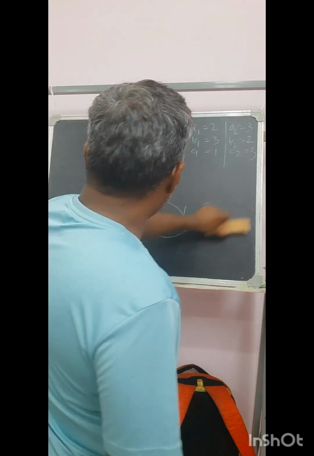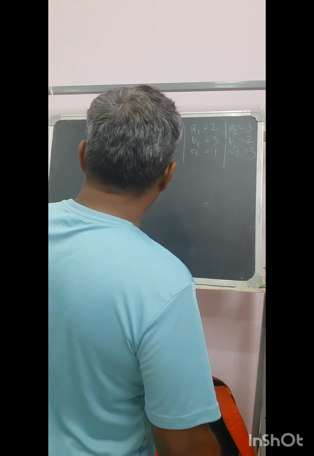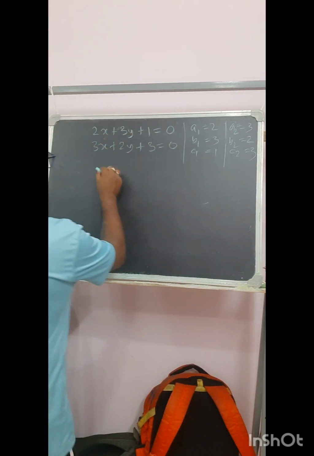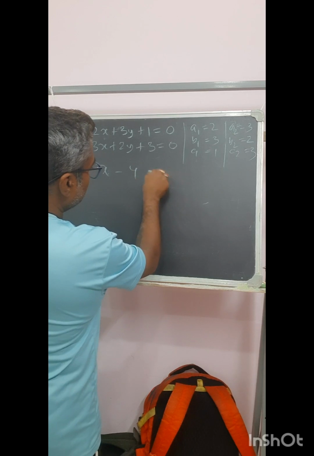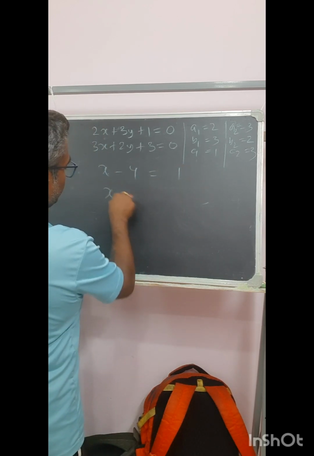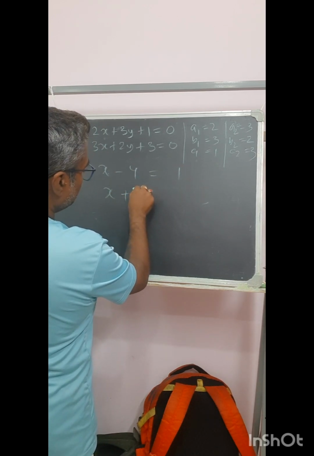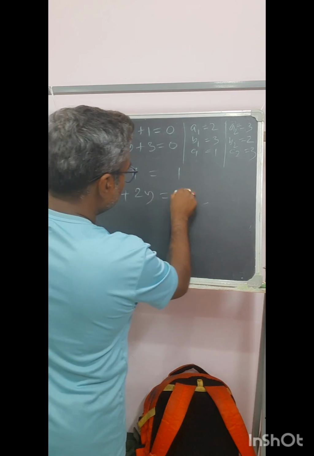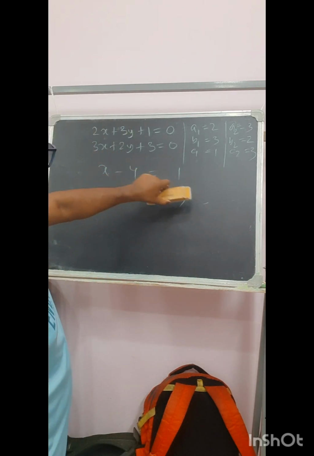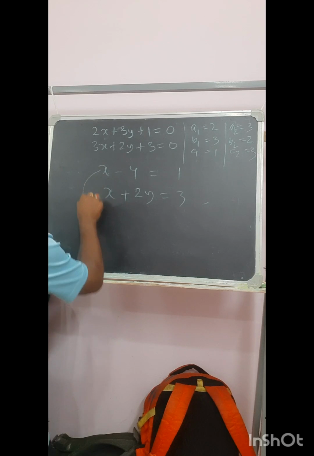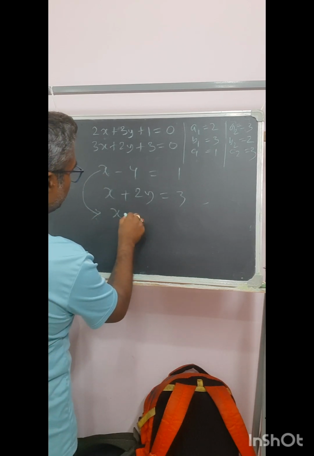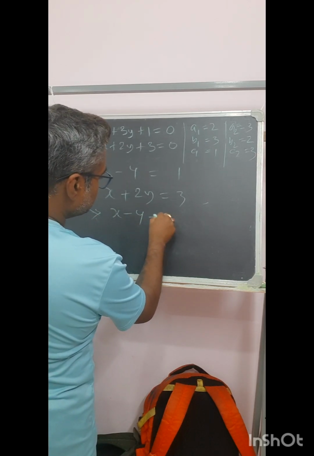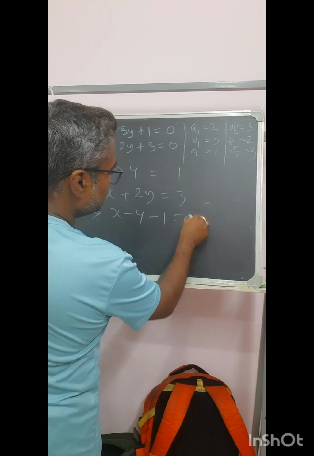Now in some cases the equation may not be as usual like this. There may be x minus y is equal to 1 or x plus 2y is equal to 3. For this case you just have to bring it in the form as said in the theory.